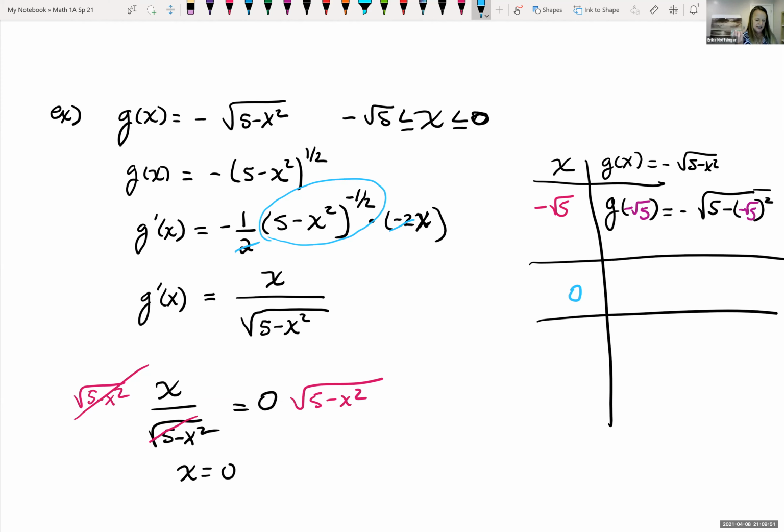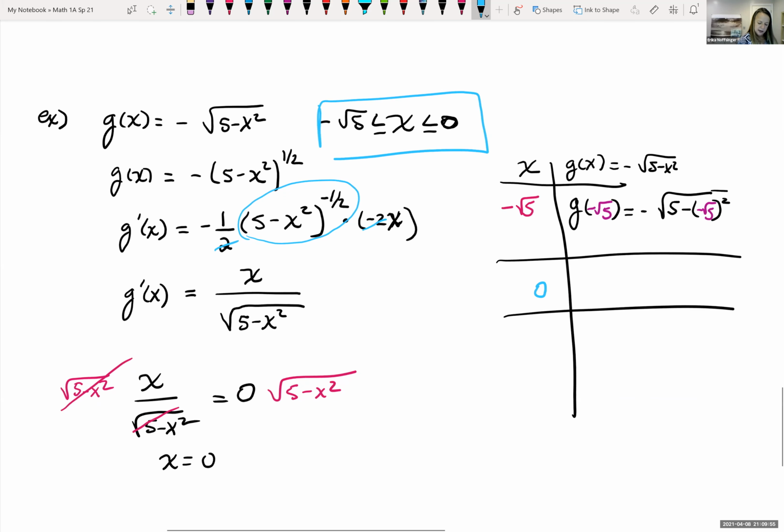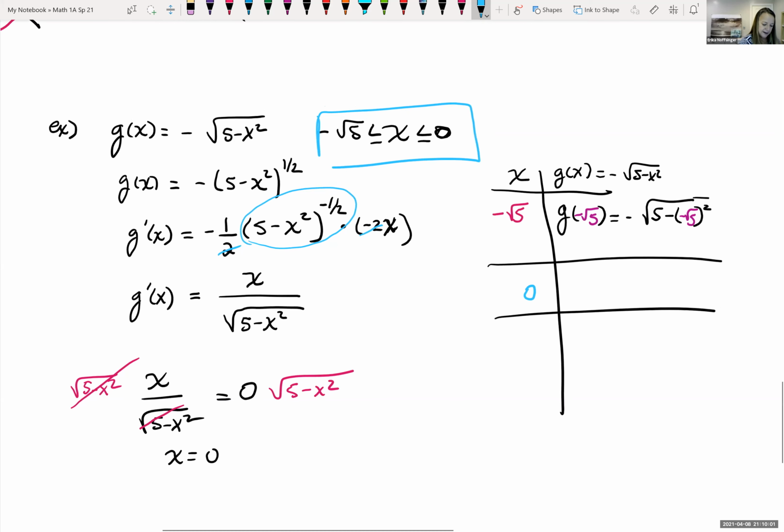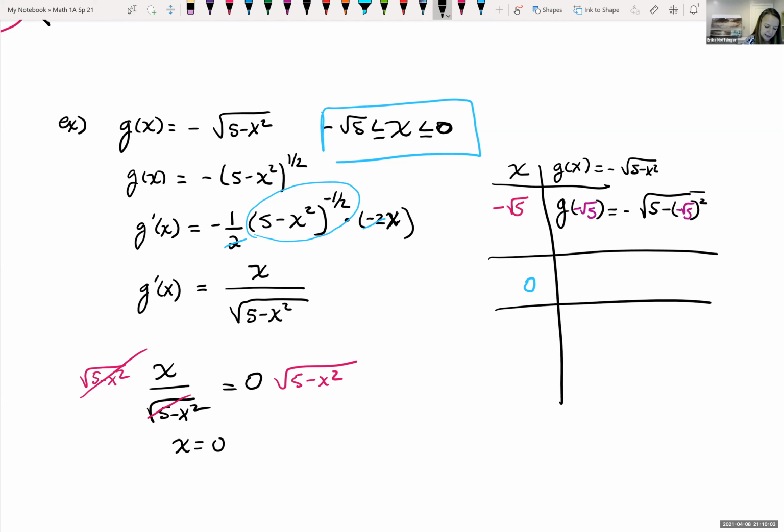So it wasn't anything in the interior of our domain. And if we square -√5, that's positive 5. So I get negative square root of 5 minus that, which is the negative square root of 0, which is 0.